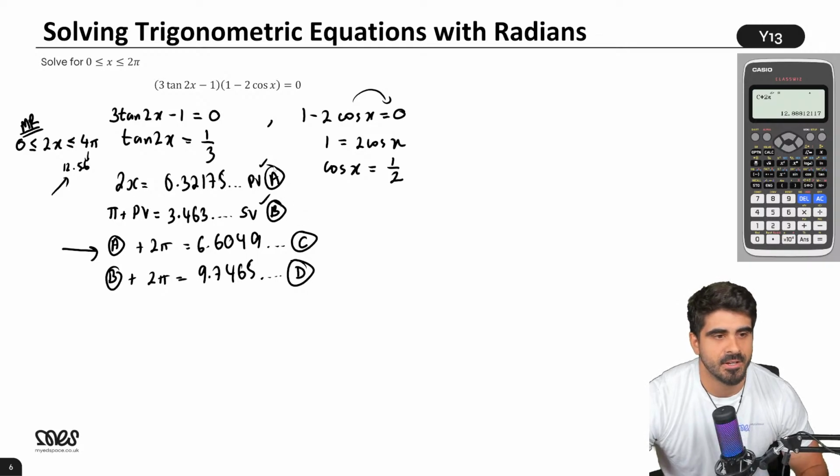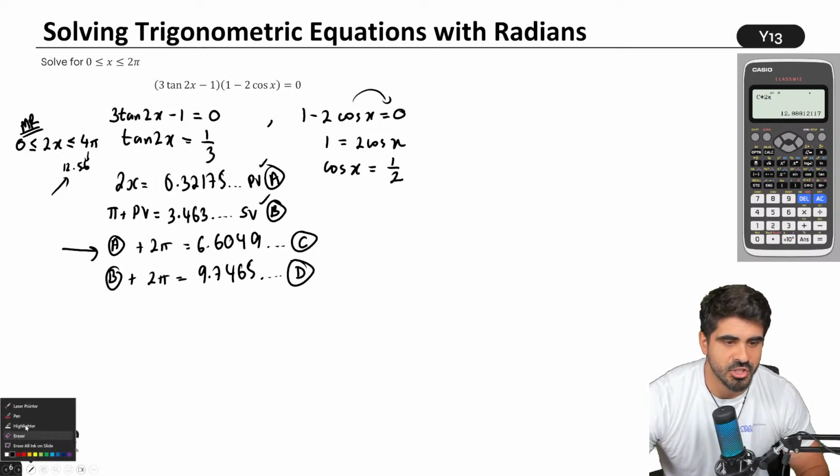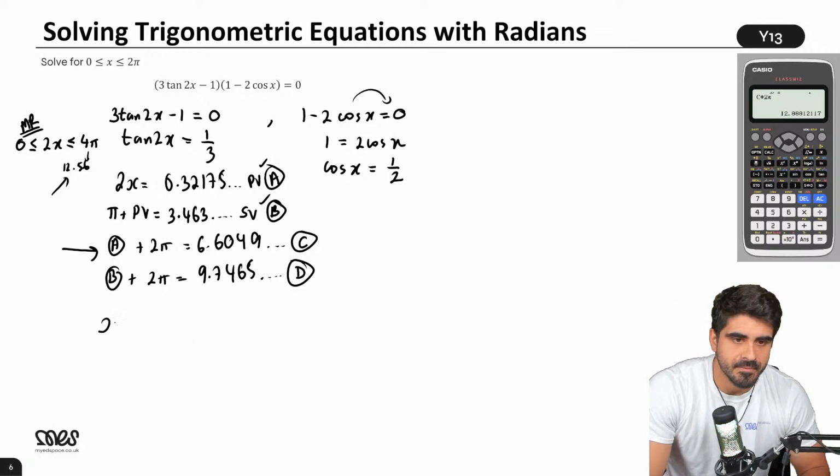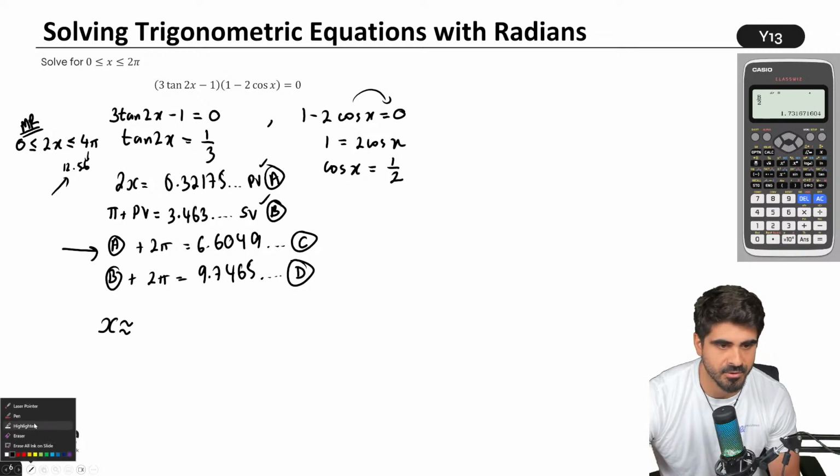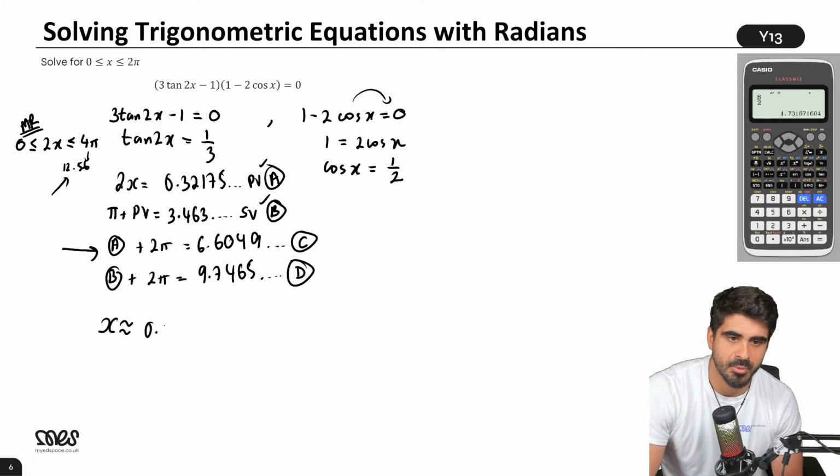Now, to all of these values, we're going to just divide them by 2. So you're just going to go fraction A over 2: 0.16. Then you change it to B: 0.16 and this. I'll do it 2 at a time. 0.16, 1.73.